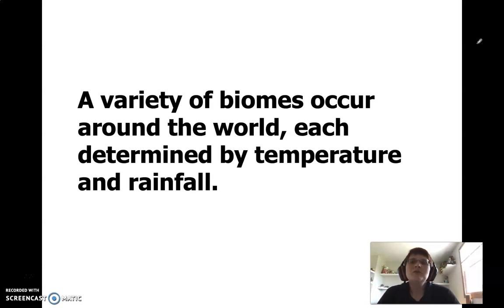We use biomes to describe areas of the world that have similar plants and animals and conditions that we can compare. So they are determined, as you can see, by temperature and rainfall. And we can see general patterns, as we'll see coming up in this section. There are patterns around the world because of temperature and rainfall for these ecosystems.